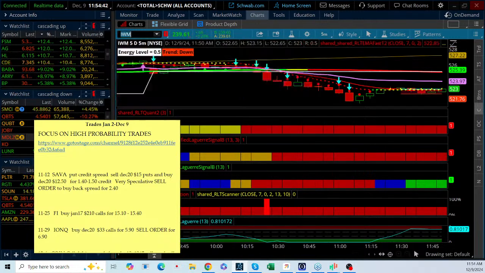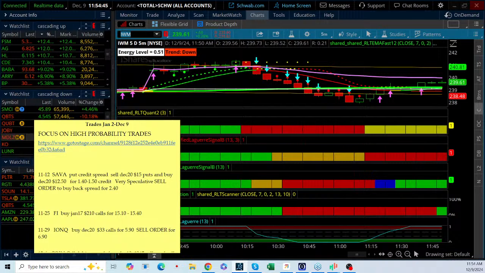IWM is also doing the same, but still below the VWAP.